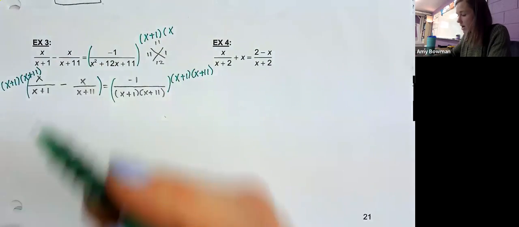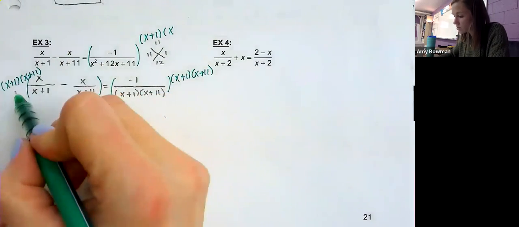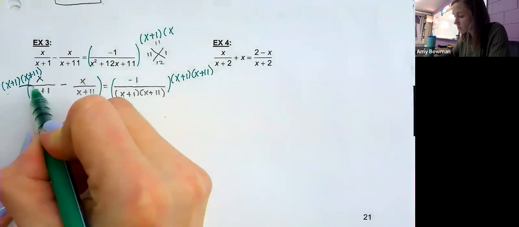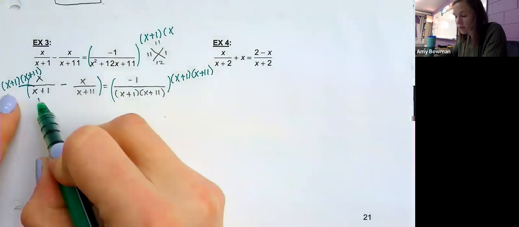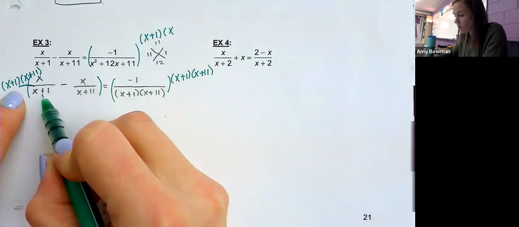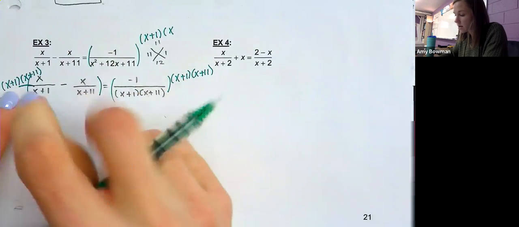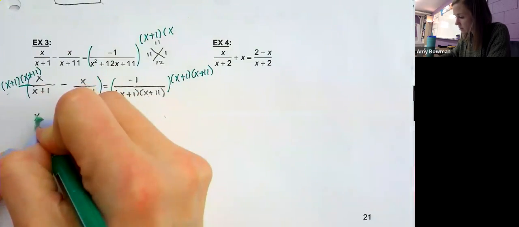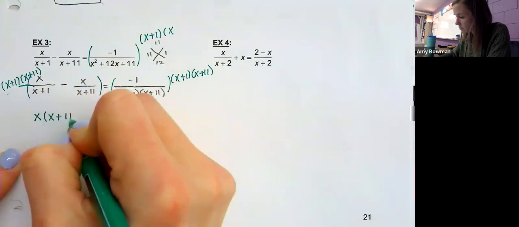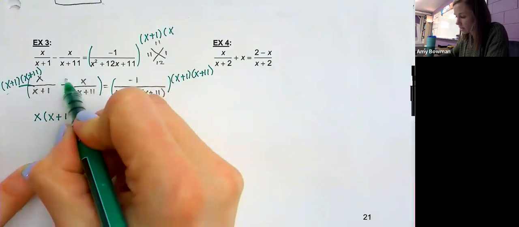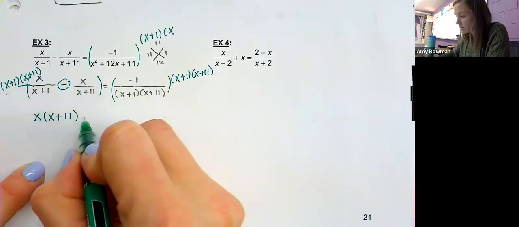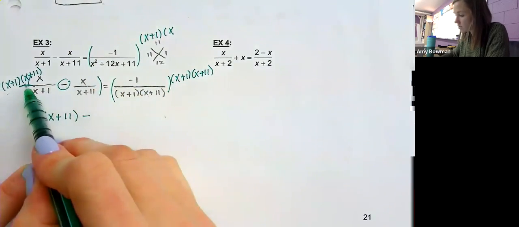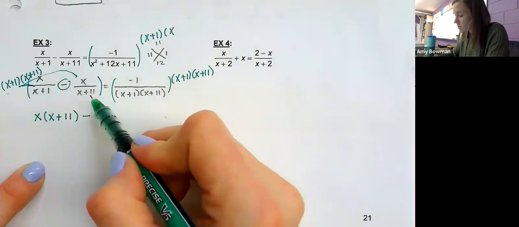Okay, and then as I distribute, so when I distribute this common denominator to the first one, the x plus 1 over x plus 1, those are the 2 that's going to cancel, and I've got x times x plus 11 left. Now this is subtraction, so make sure you're using the correct sign. And then I'm going to distribute this to my second fraction, x over x plus 11.